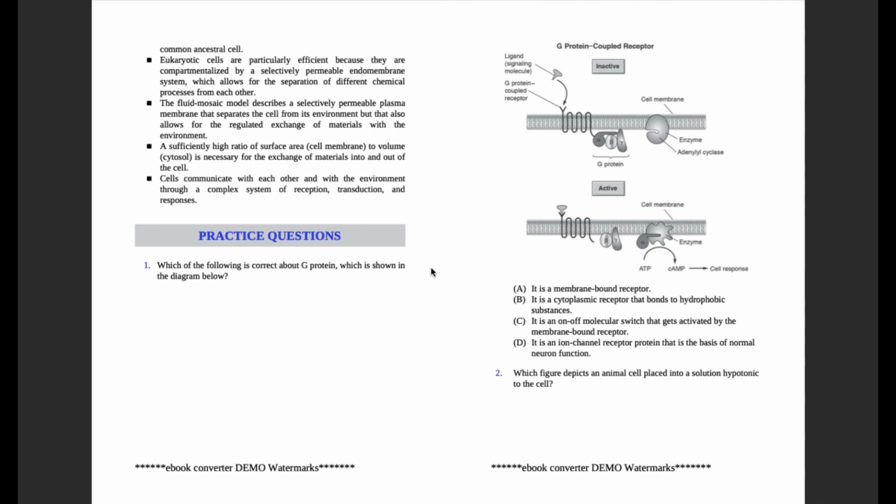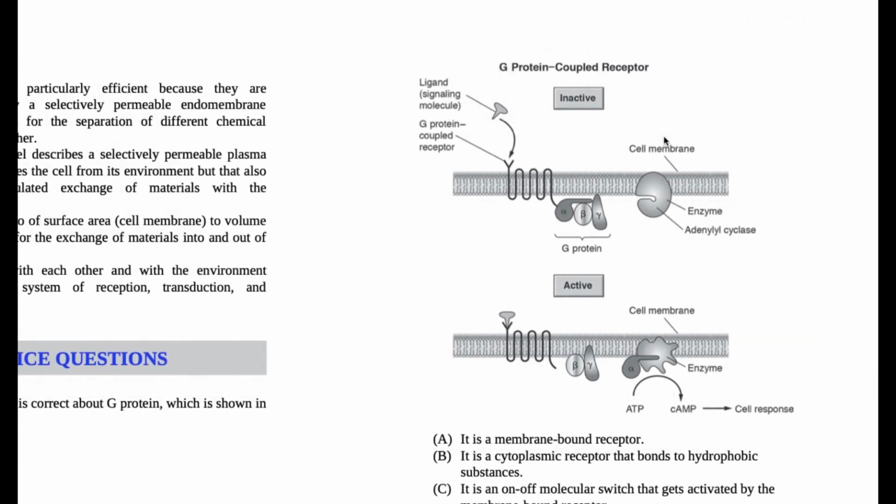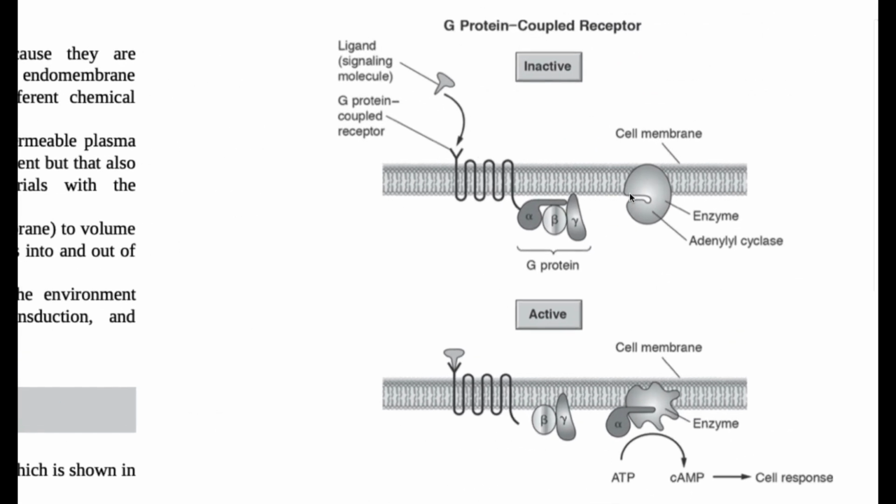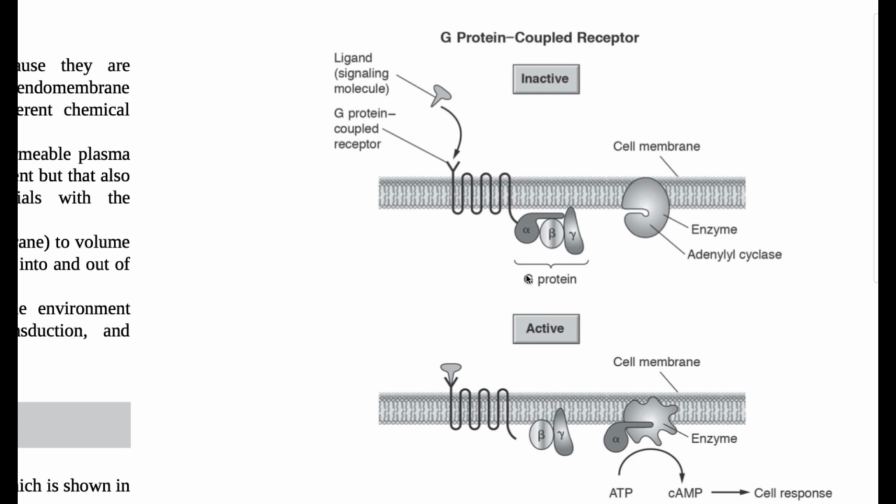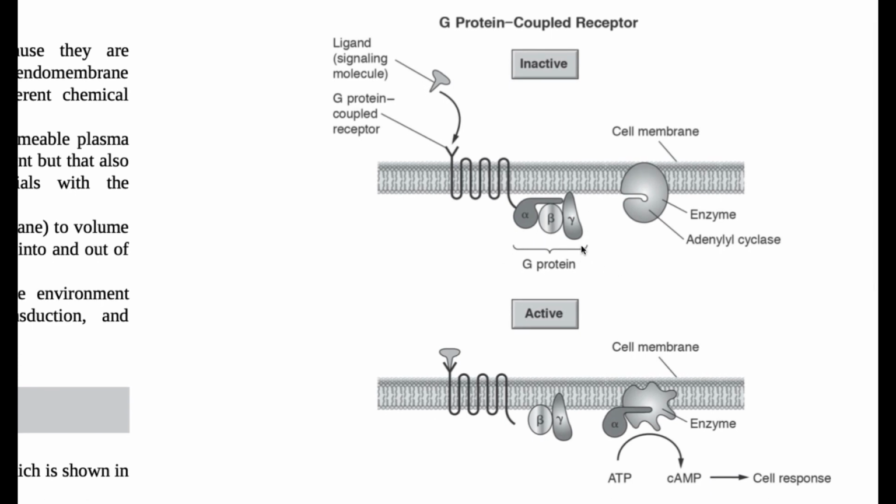So the first question is, which of the following is correct about G proteins, which is shown in the diagram below? Here, I'm going to zoom in on the diagram for you. As you can see, the G proteins are labeled alpha, beta, and gamma, and here it is in its inactive state.